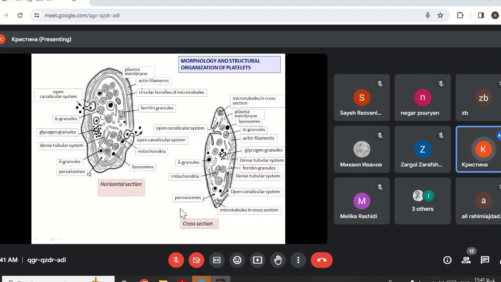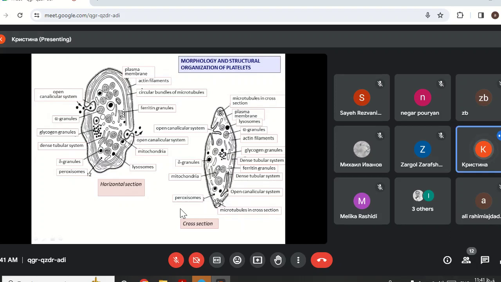In this picture you can see all the internal structures of the platelets. This is the horizontal section and this is the cross section. At the periphery we have the hyalomere with microtubules, actin and other microfilaments.